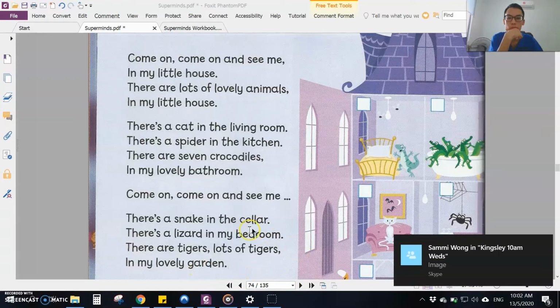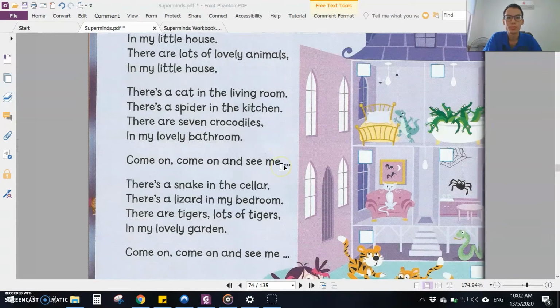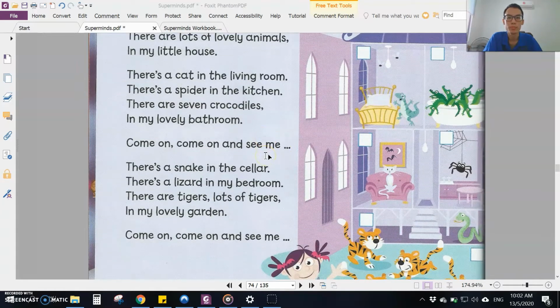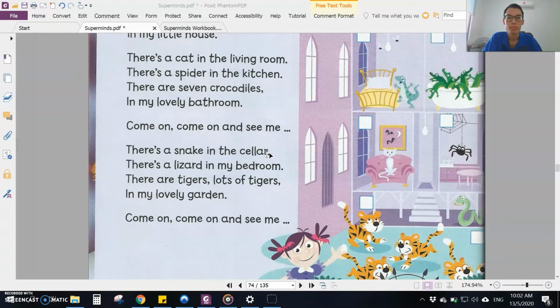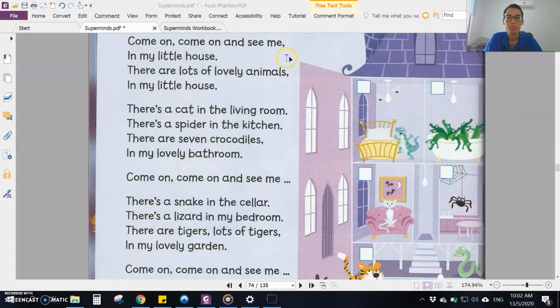Come on and see me in my little house. There are lots of lovely animals in my little house. There's a cat in the living room. There's a spider in the kitchen. There are 7 crocodiles in my lovely bathroom. Come on and see me in my little house.